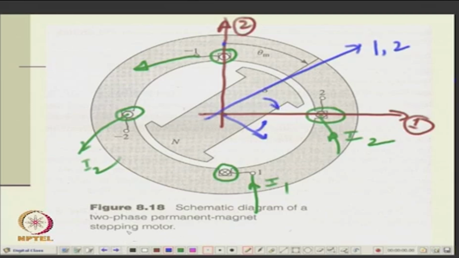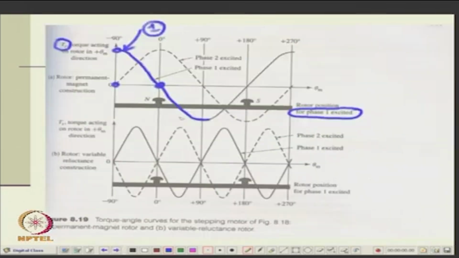Therefore, at this position of 180 degrees, it will produce a maximum negative torque. It is trying to pull it back. Then again at 270 degrees it will not experience any torque, and again it goes back to 360 degrees, because it depends upon what you have.